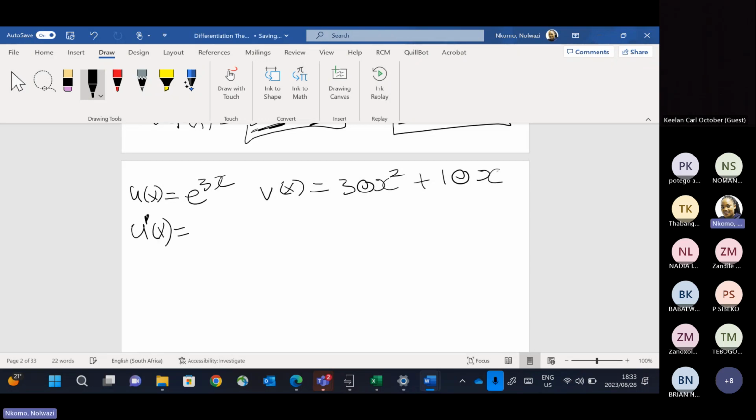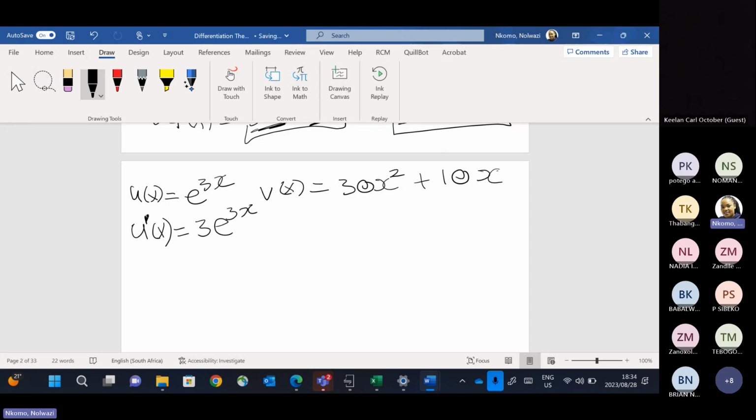If we have a function e to the power a constant times x, then the derivative of that function would be that constant times the function itself, from our last session. So this means our u prime at x would be 3 e to the power 3x.